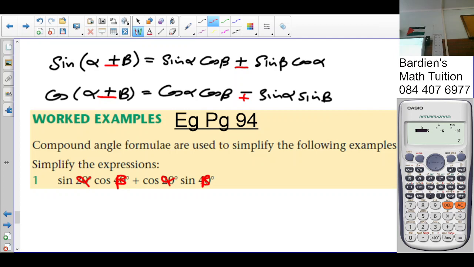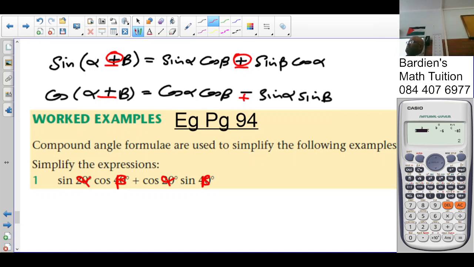So if alpha is 20 and beta is 40, we're seeing sine alpha cos beta plus cos alpha sine beta. So which one does that remind us of? Sine alpha cos beta plus sine beta cos alpha. So it's going to be sine alpha plus beta. Does it make sense? Who's confused?